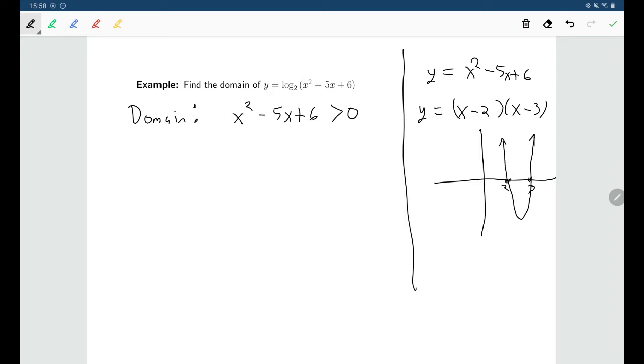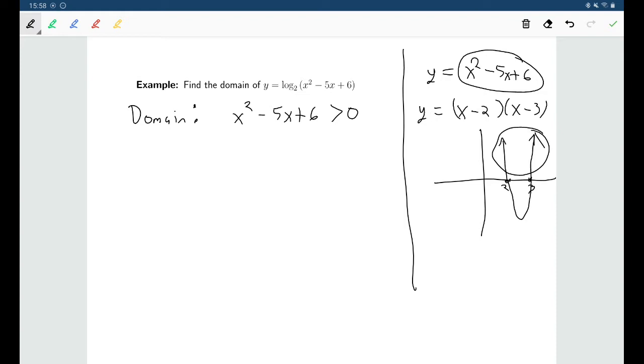So if we're interested in where x squared minus 5x plus 6 is greater than 0, that's the same as asking where this parabola is above the x-axis. And the answer is everywhere except between 2 and 3. Between 2 and 3, it must be below the x-axis because it's a parabola opening upward.